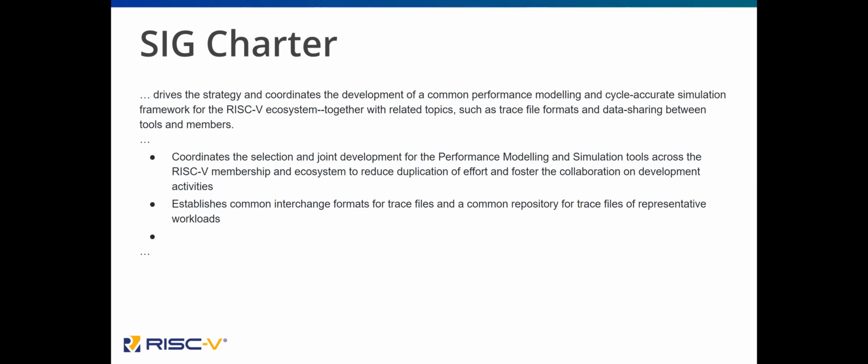We created a SIG, and the charter of the SIG has two main things. One is coordinating among its members and helping create this performance model tool. The second is deciding what trace formats we will use, and whether we can maintain a common repository of traces of interesting workloads that we all want to use.